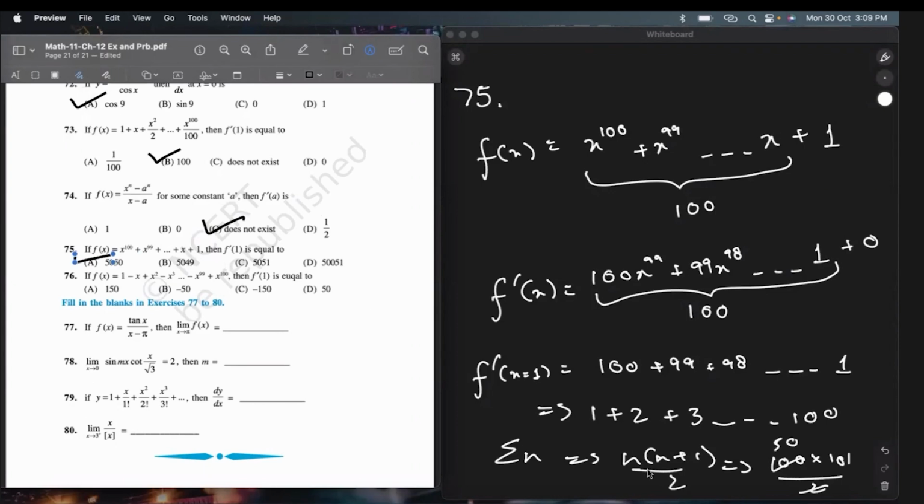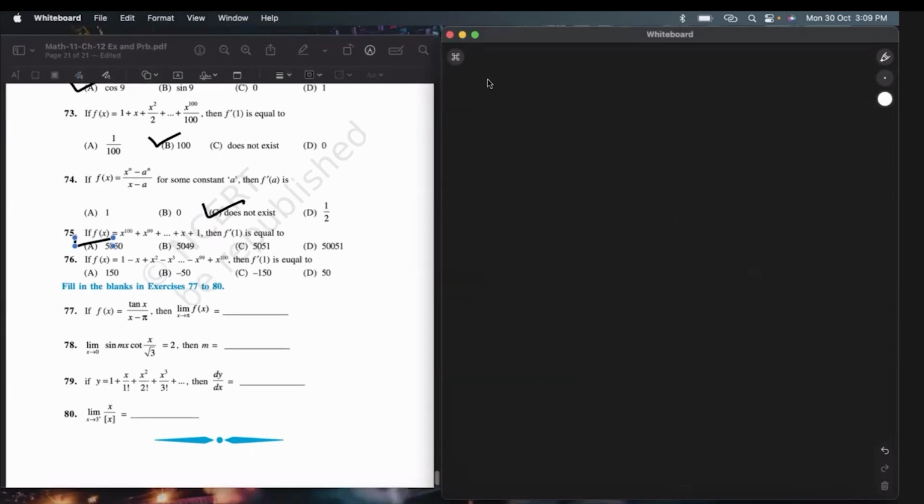Now moving on to the next question. In question number 76, the same kind of problem is there, and they have given me 101 terms. Let me just write them down for you: 1 minus x plus x square minus x cube, going on till x raised to the power of 100. So these are 101 terms.